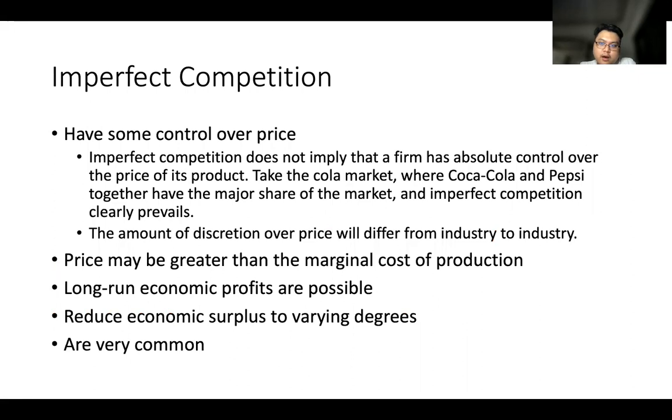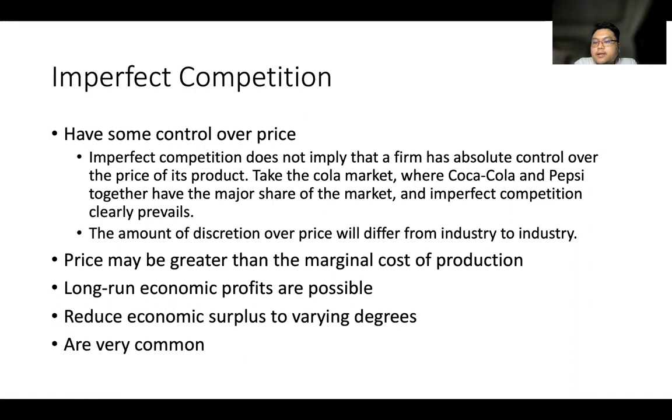So let's continue in describing what imperfect competition is. They have some control over the price, but imperfect competition does not imply that a firm has absolute control over the price. So take the cola market, where Coca-Cola and Pepsi together have the major share of the market, right?